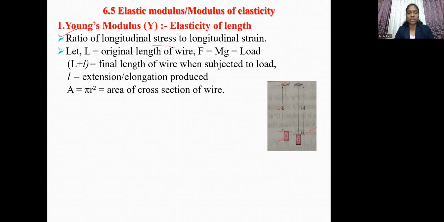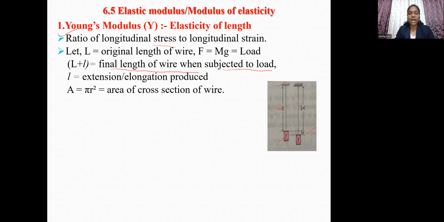Once the elongation produced in the wire is completed, the final length of the wire is the sum of original length plus extension produced in the wire. So capital L plus small l is the final length of the wire when it is subjected to load.